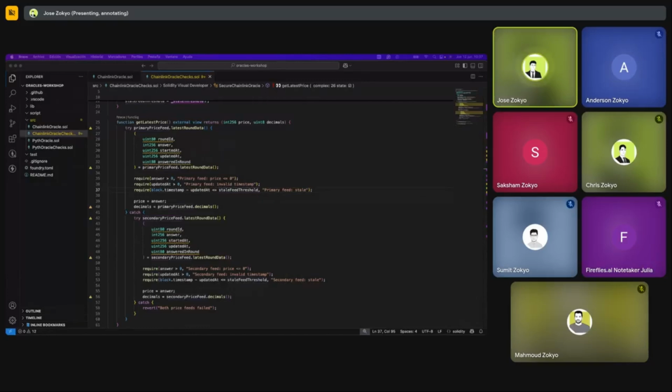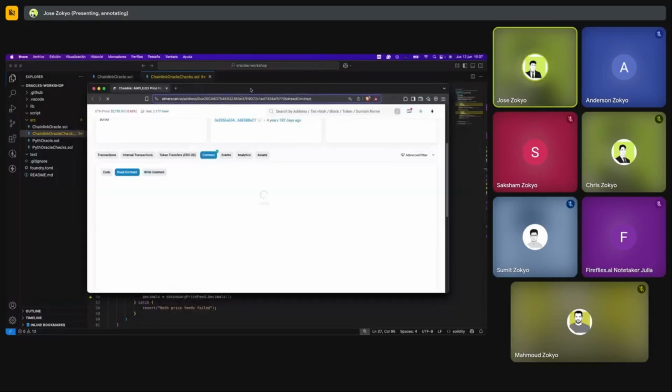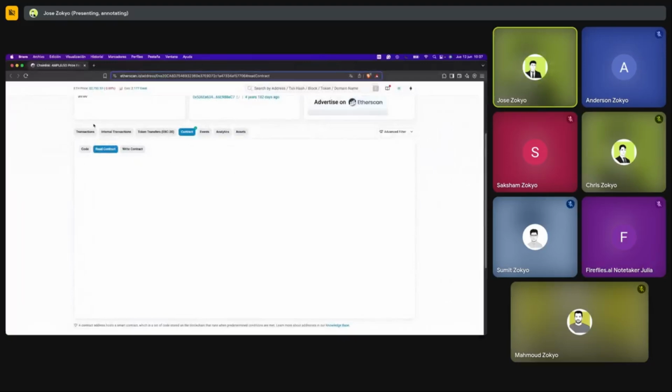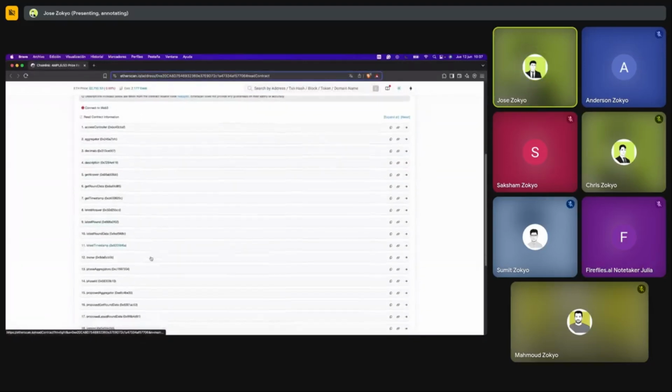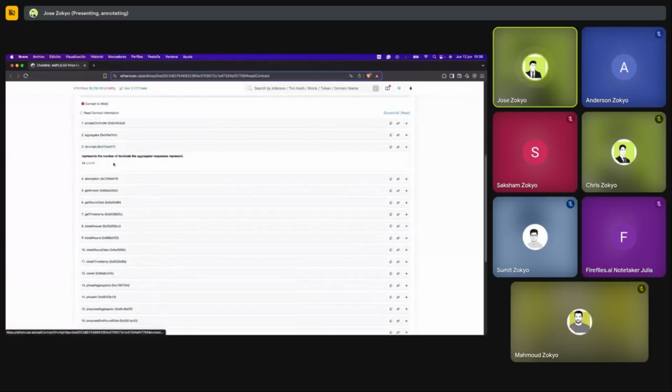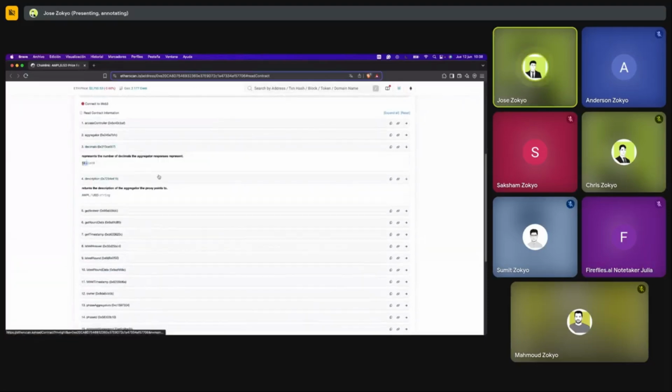So an example could be the most known price feed, the AMPL and USD one, which you have here. I think this has 10 decimals. Let me get it. No, 18 decimals. We have here 18 decimals.